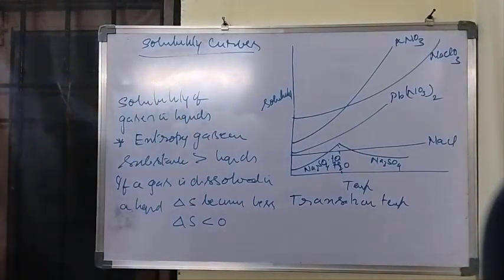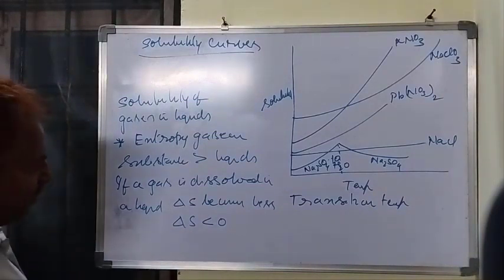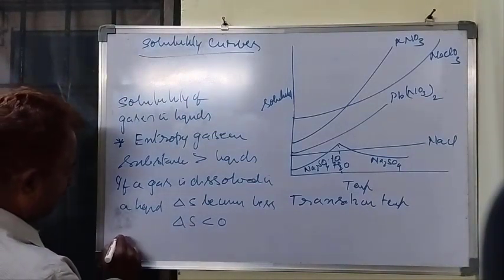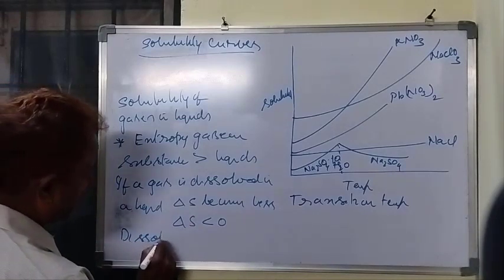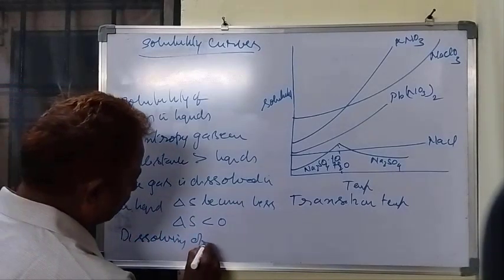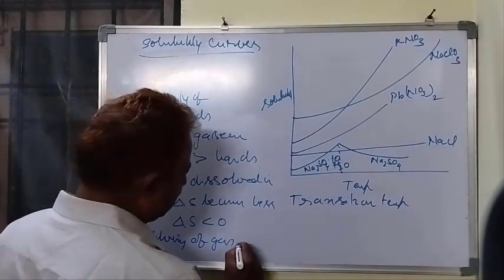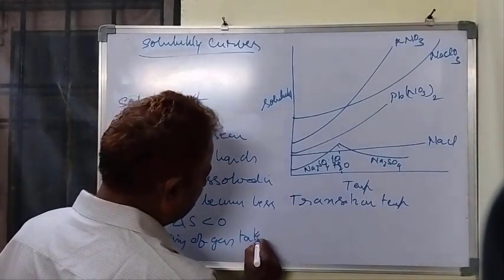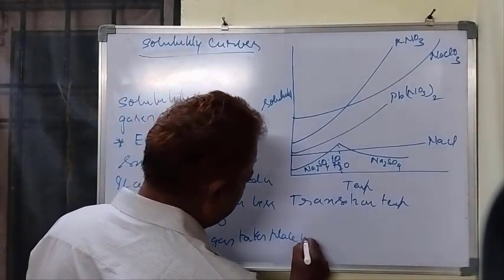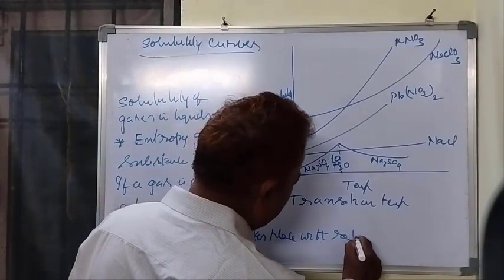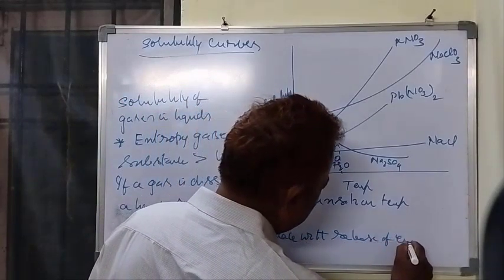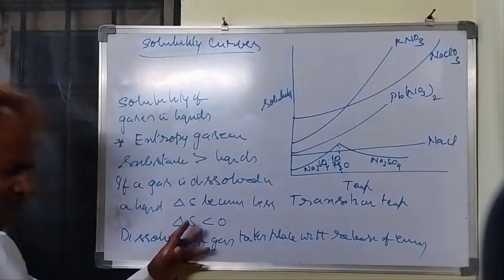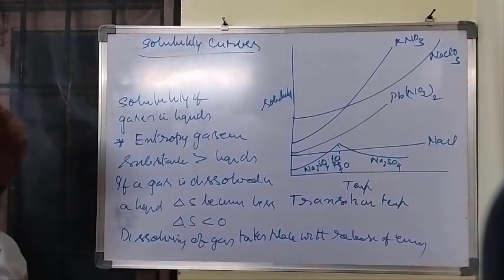So as delta S is less, the dissolving of gas takes place with release of energy, because here entropy changes. Entropy means disorderedness.